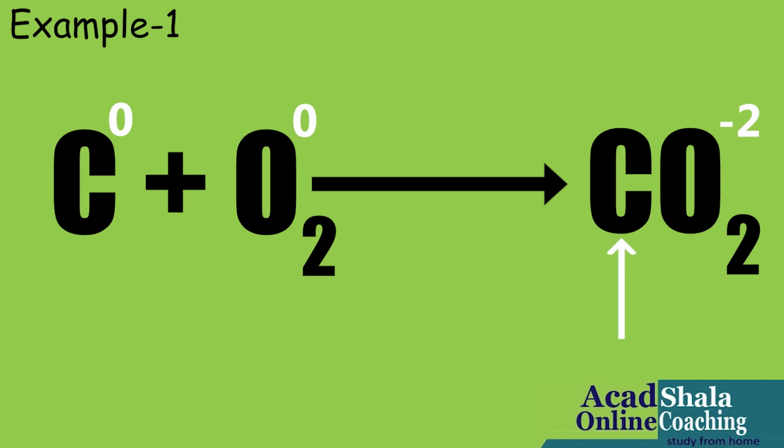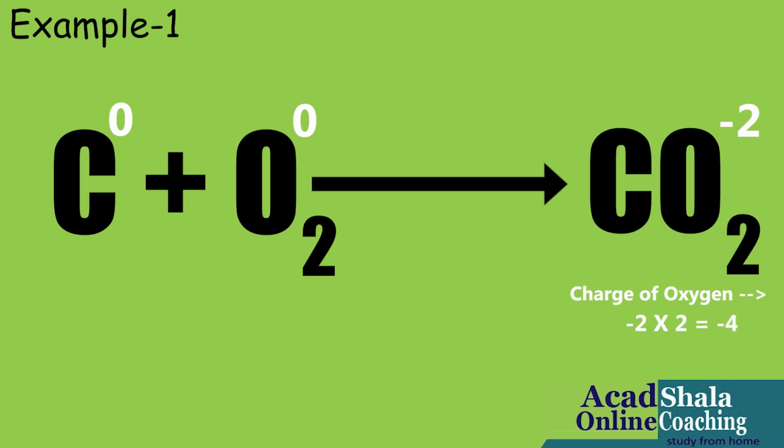I don't know. But now what to do? Okay, I have a trick to know this. I will tell you. Now I know the charge on oxygen is -2, and how many atoms of oxygen? 2. So to know the total charge of oxygen, I will multiply the -2 charge of one oxygen atom with the number of oxygen atoms in CO2. There are 2 atoms of oxygen. So -2 into 2 is equal to -4.